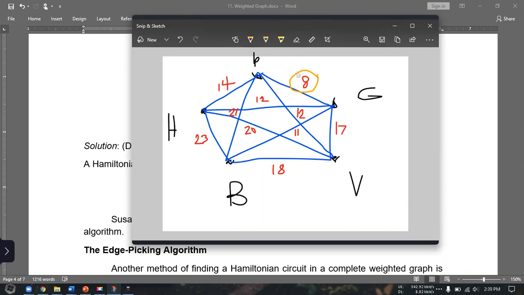So we have to travel along the edge with the smallest weight.